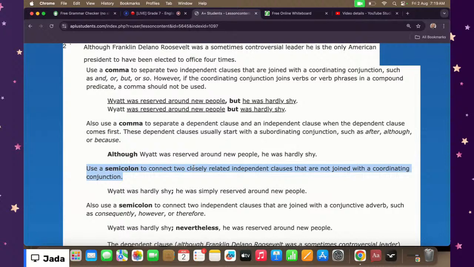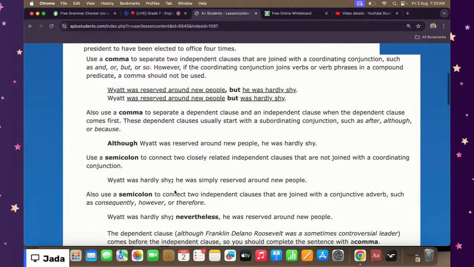Then you have to use the semicolon to connect them. So we have: he was hardly shy; he was simply reserved around new people. If we had a coordinating conjunction, either and, but, or so, we would not need the semicolon. But because we do not have that, of course, we need the semicolon.